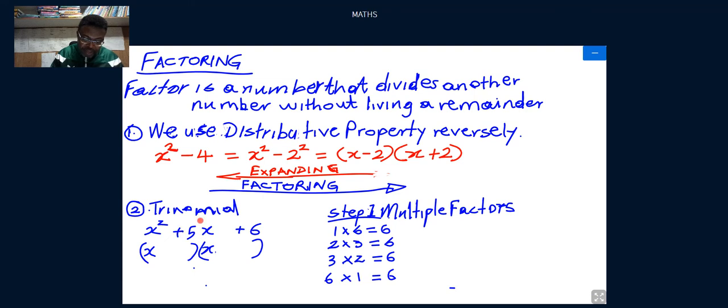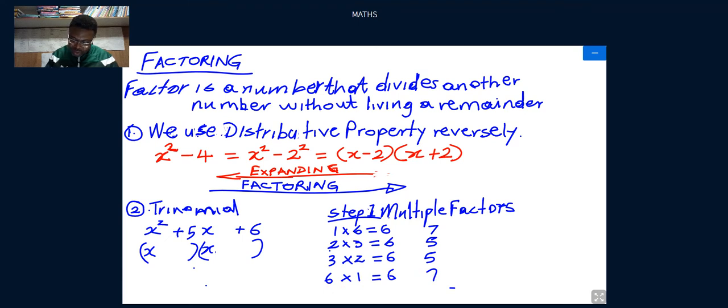Middle term meaning 5. So 1 plus 6, it's 7. We don't want it. 2 plus 3 is 5. It makes sense. It looks like a middle term. 2 plus 3, 3 plus 2 is also 5. 6 plus 1 is 7.